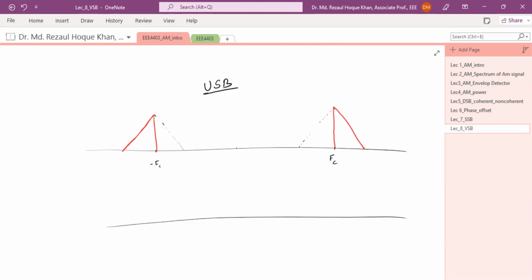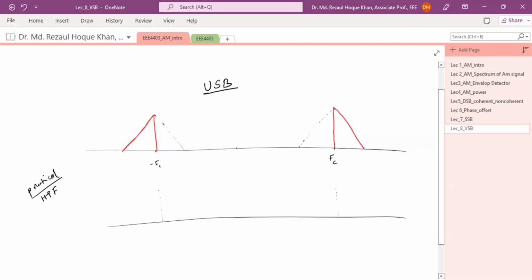In the previous lecture we saw the scenario for a practical low pass filter. So let's see what happens by using a practical high pass filter.